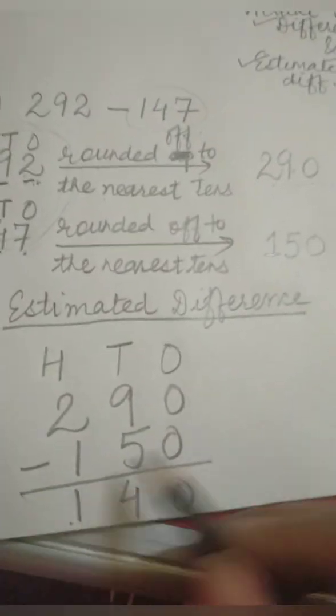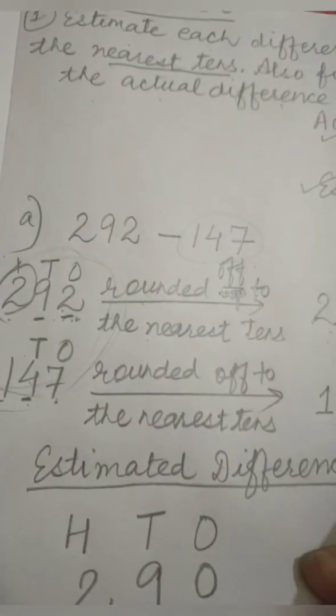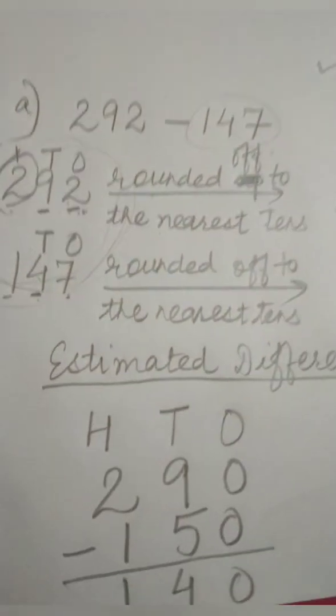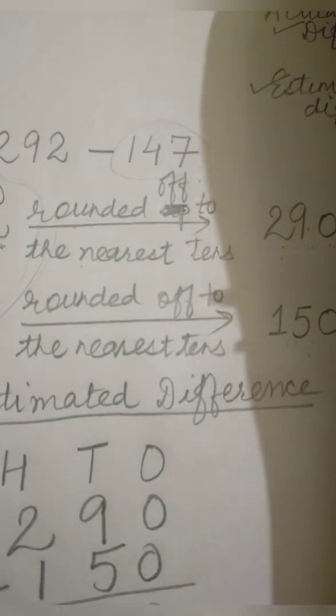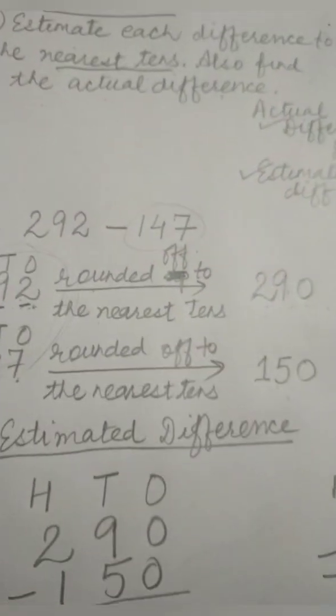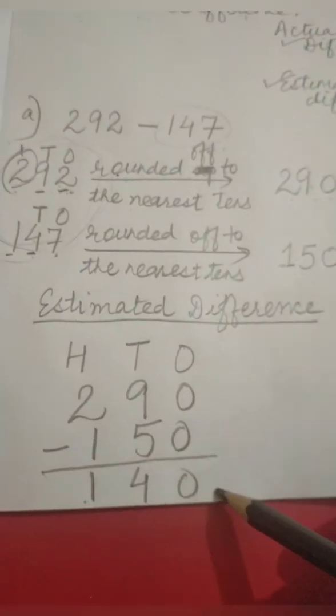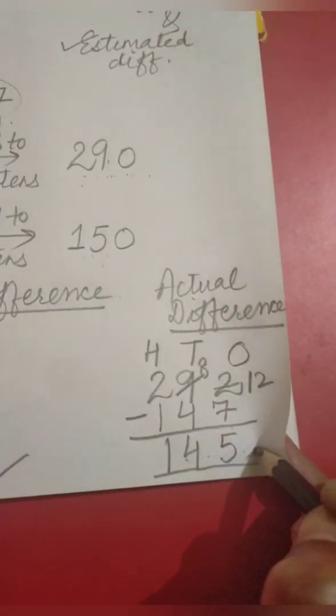So what we have observed from here, we have to write this also, that the actual difference and the estimated difference both are very close. We can see estimated is 140 and actual is 145.